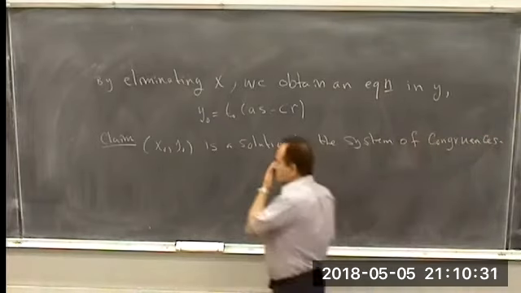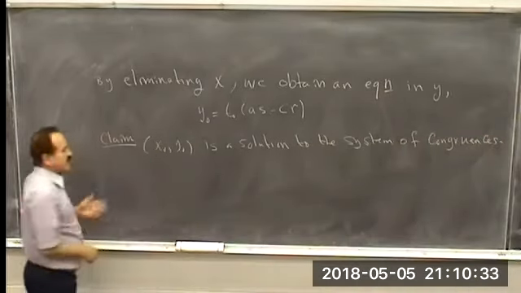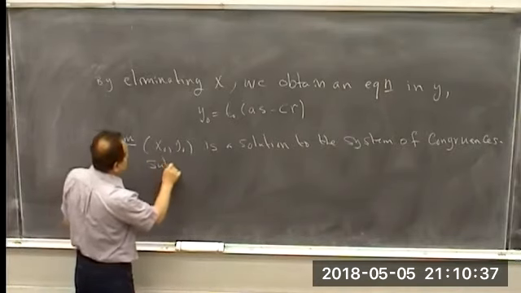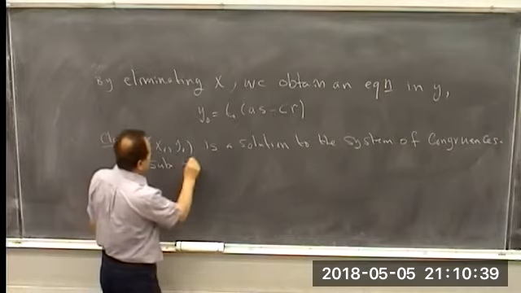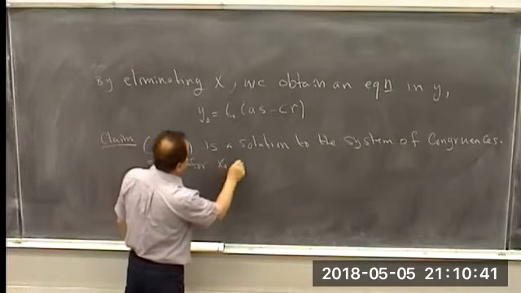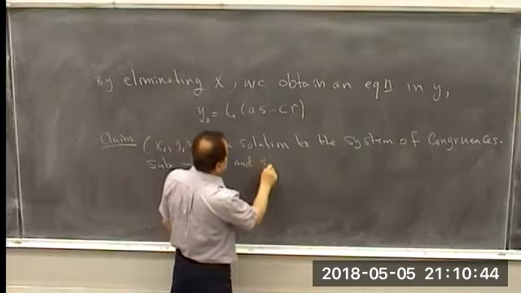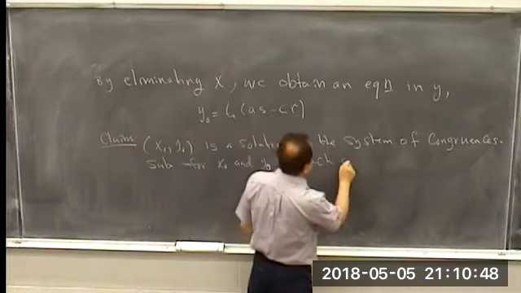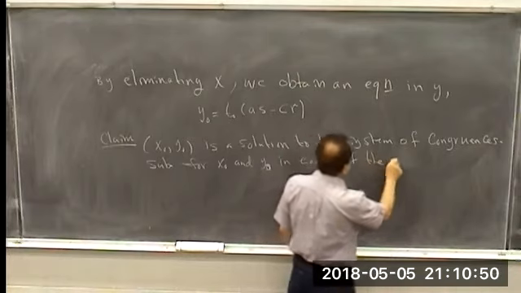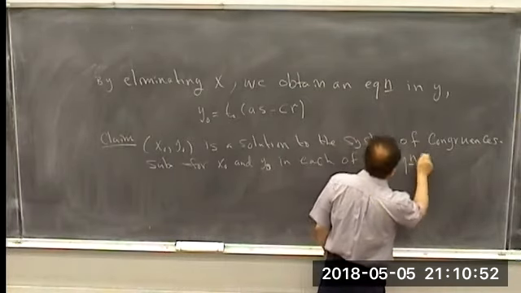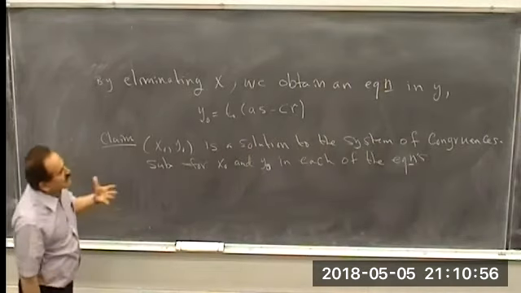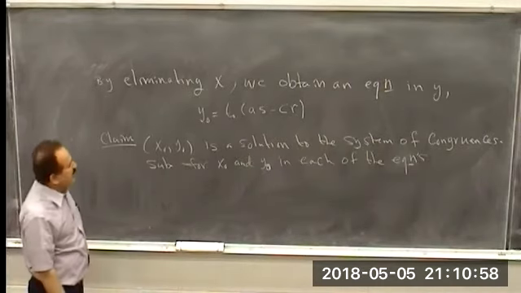And to do this, we're going to do it by brute force, by just substituting for x sub 0 and y sub 0 in each of the equations in the system. Let me check it for just one, and then I leave the other for you.